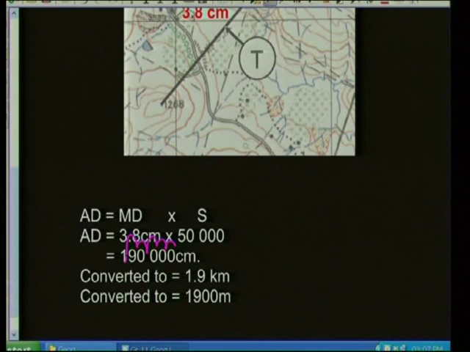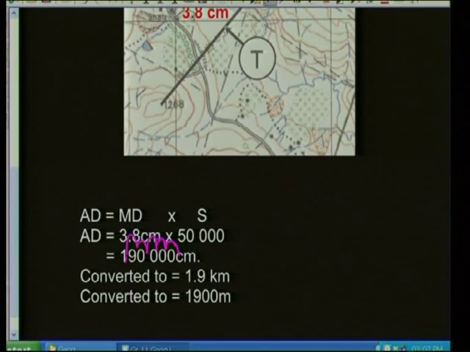When you want to convert to meters, you move 1, 2, because there's 100 centimeters in a meter. And that's how you move it, and that's how you convert it.